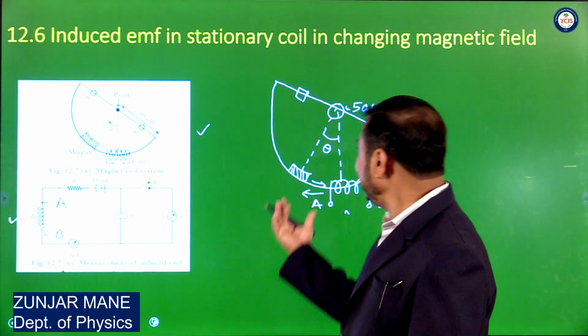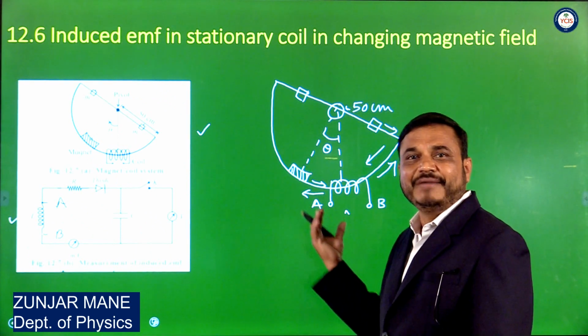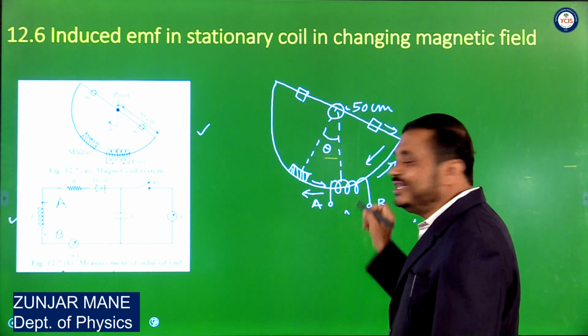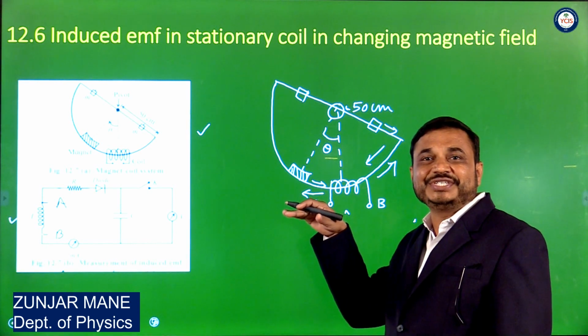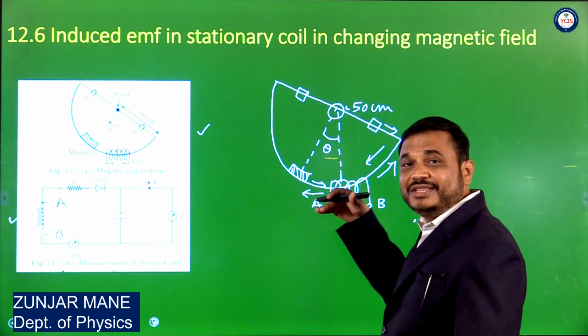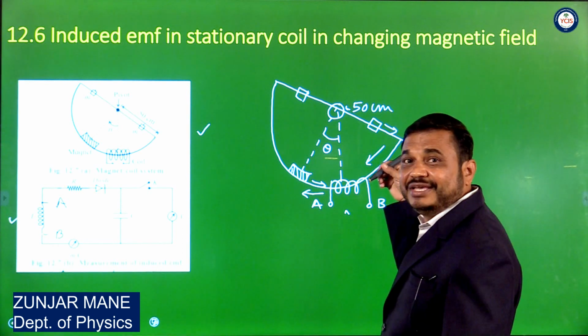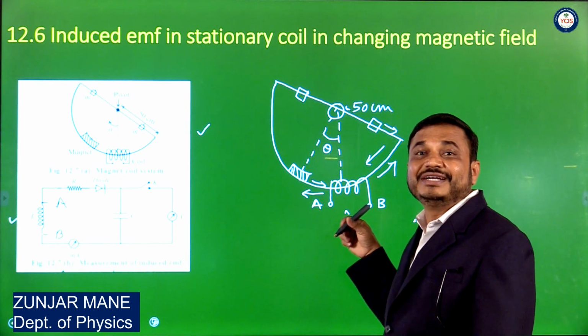As the magnet approaches towards the coil, magnetic flux goes on increasing. When this magnet is within the coil, magnetic flux remains stationary, and again when this magnet moves outward from that coil, then magnetic flux decreases.